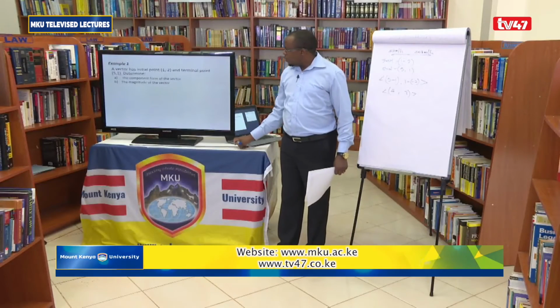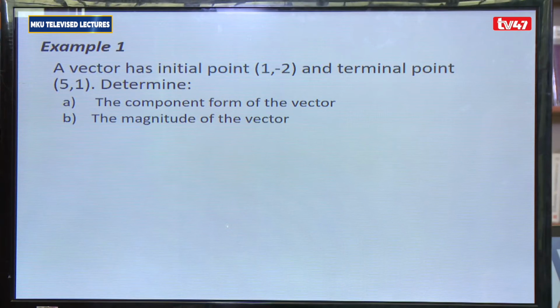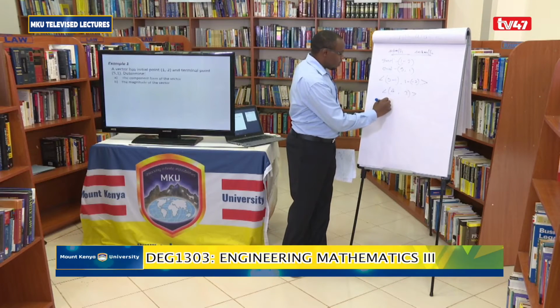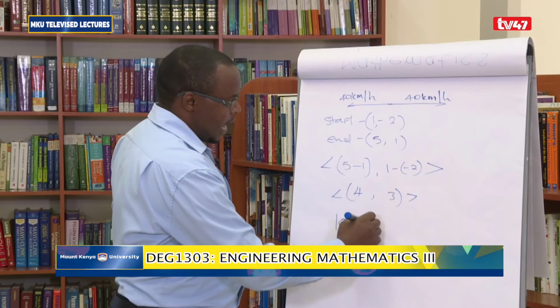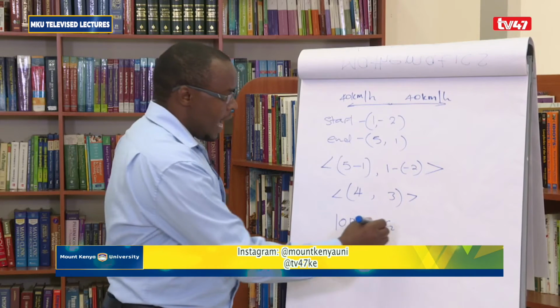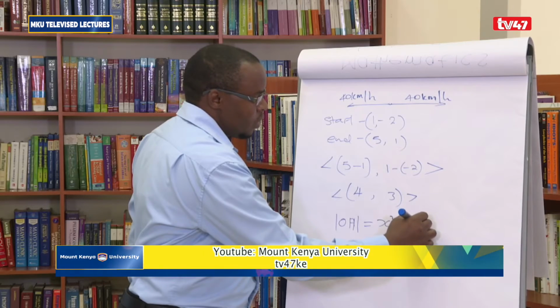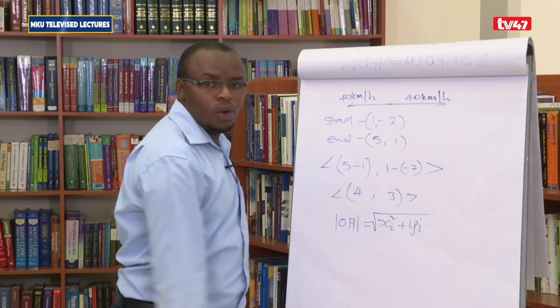You can also be told to get the magnitude of that vector. We use the formula we have seen previously, where the magnitude of vector OA is given by the x component squared plus the y component squared, and then you get the square root.